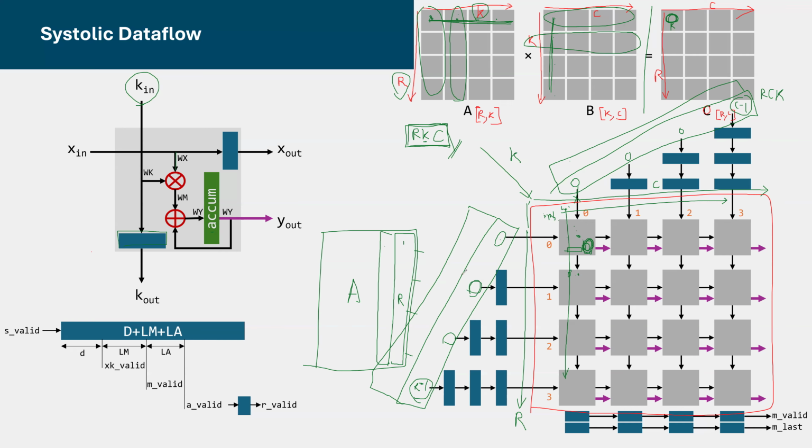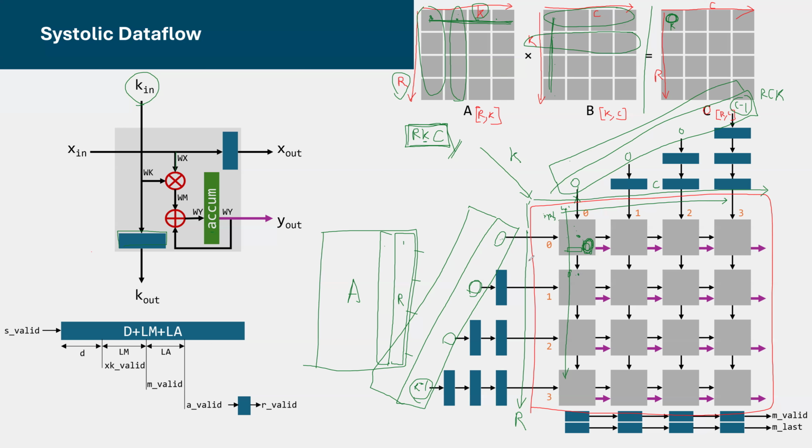So now you can see this column directly gets mapped into these four values over here, right? The first one doesn't have any register, so that goes straight in the first clock cycle. The second one has a register, so that gets delayed and goes in the second clock cycle, right?